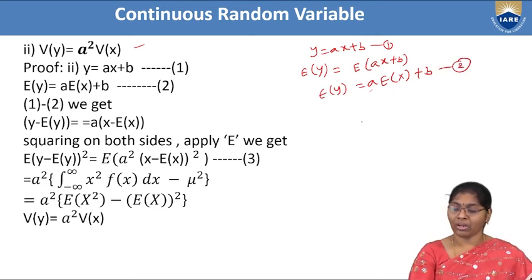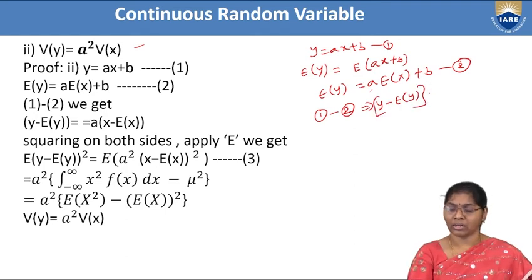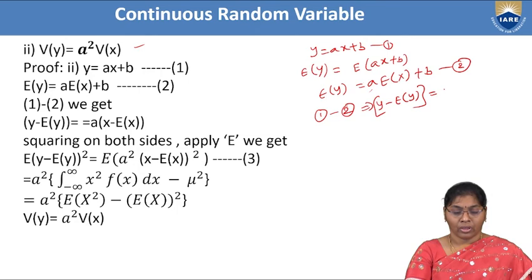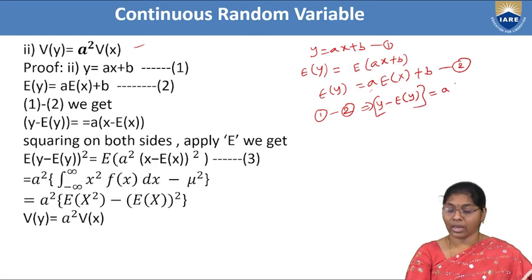Now I am applying equation 1 minus equation 2. That means Y minus E of Y on one side, and on the other side a into (x minus E of X).